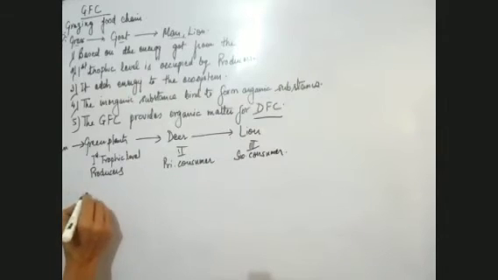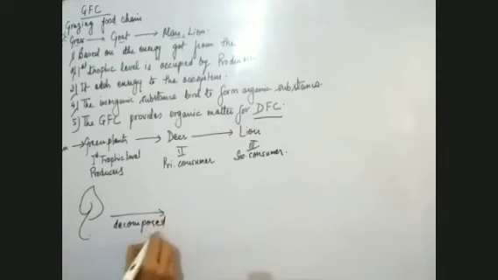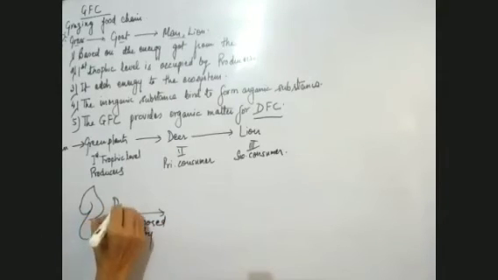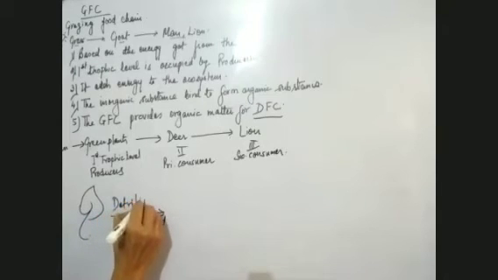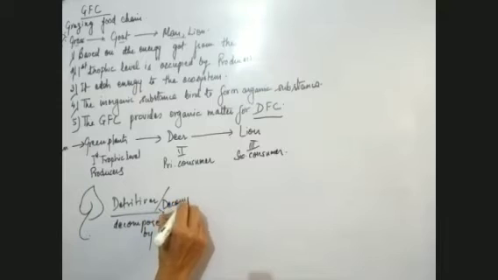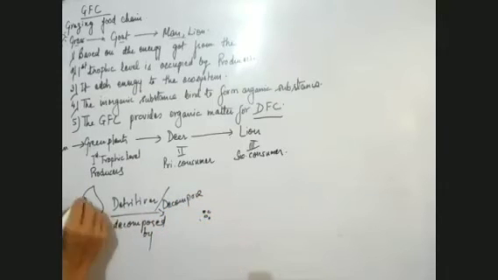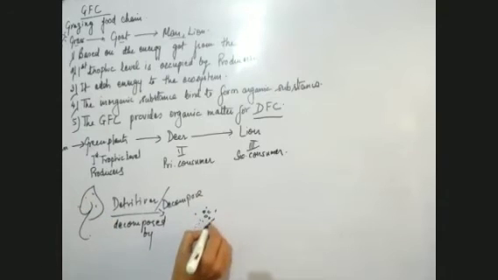Suppose there is a fallen leaf, a big leaf. I gave you this example. This is decomposed by detritivores and decomposers. And then this gets converted into small pieces.